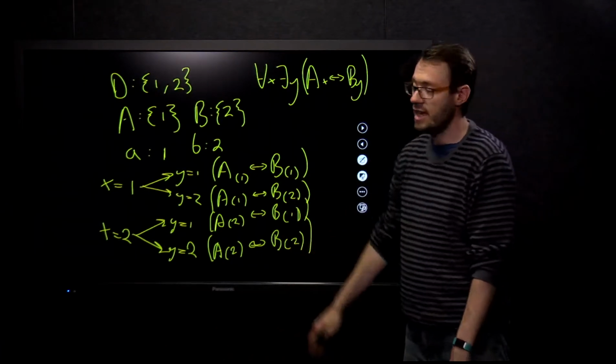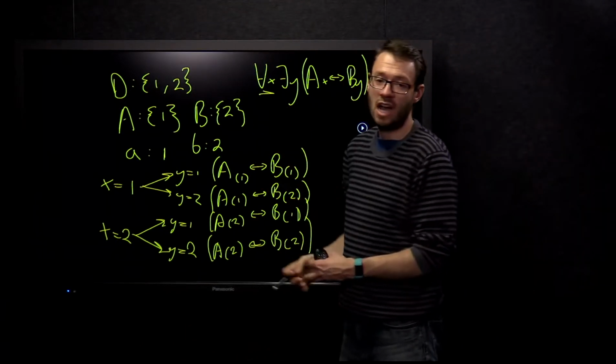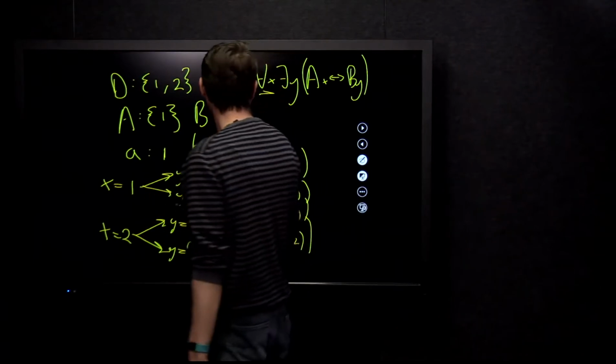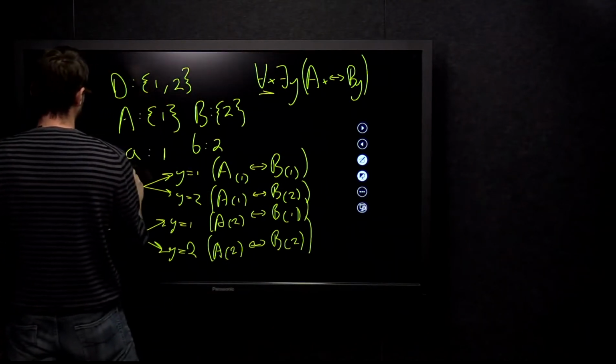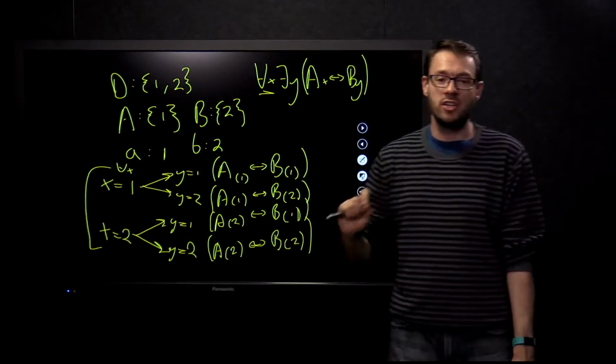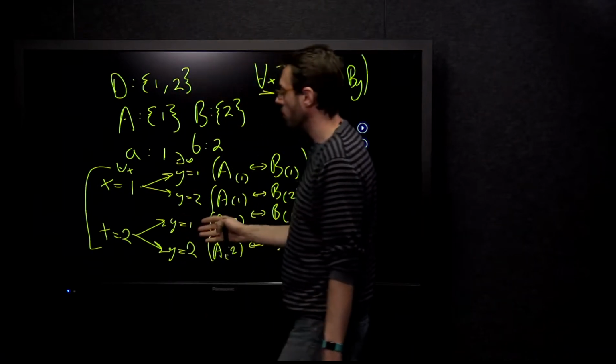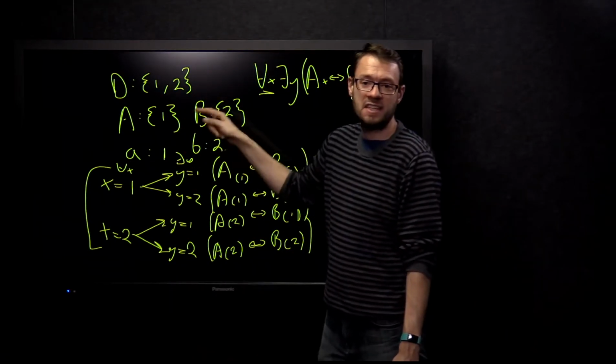These are all the different values that x and y could take. And because this is a universal out here, I need it to be true for every value of x. But I've got an existential in that second slot, and so it just has to be true for every value of x that there's some value of y.